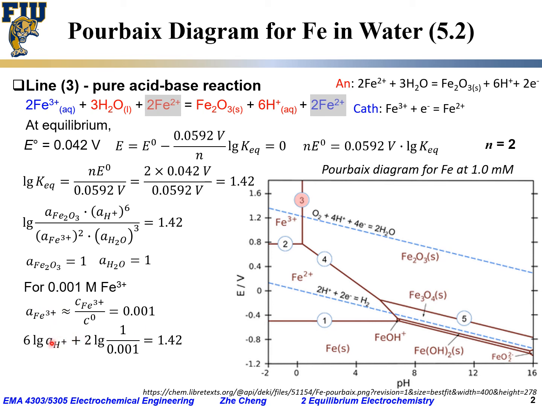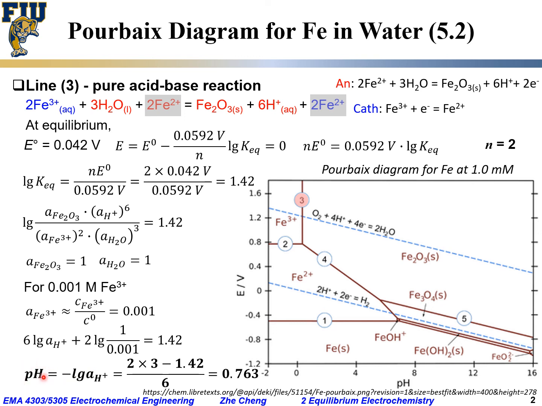With all these, we can simplify this equation. The power of 6 for proton activity becomes 6 times log of proton activity. Iron oxide activity is 1, water activity is 1, so a factor of 2 in the power term becomes the 2 in front of the log of 1 over iron 3 plus activity, equals 1.42.